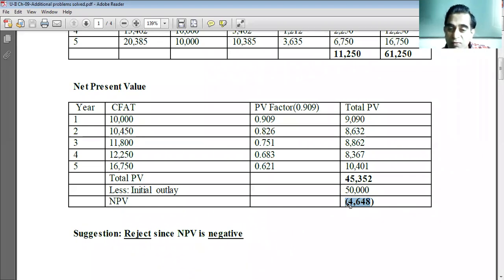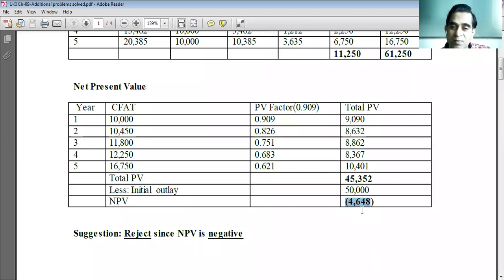It means there is no profit on this project. If the company invests 50,000 rupees, in a period of 5 years, the company will incur a loss of 4,648 rupees. If there is a loss on the investment, it cannot maximize shareholders' wealth.